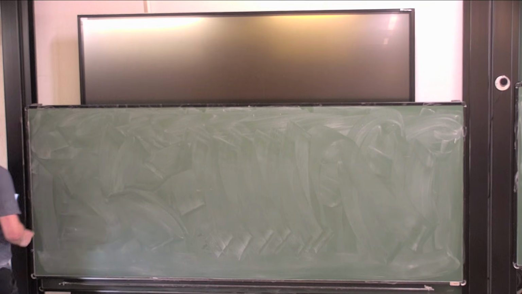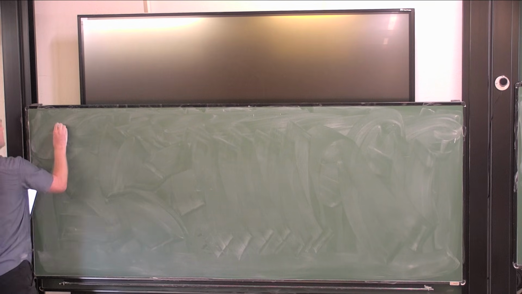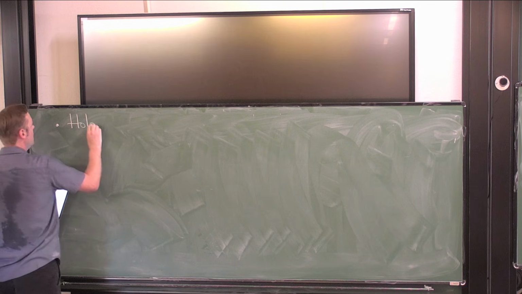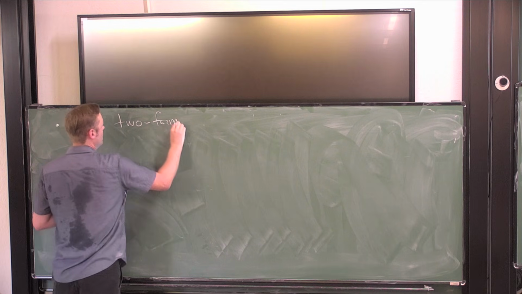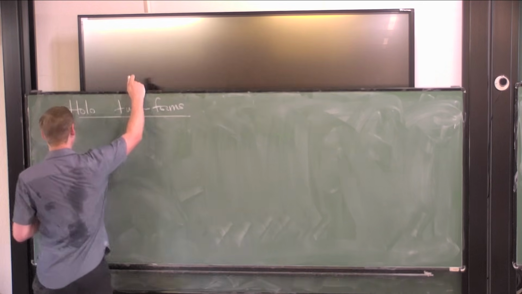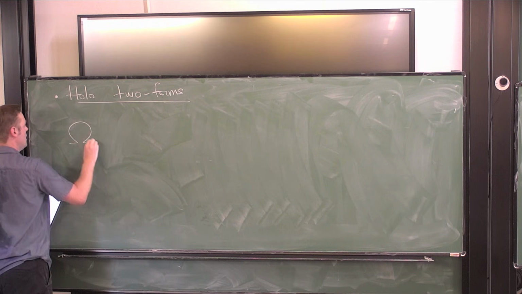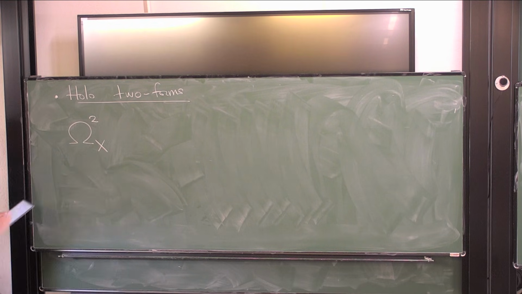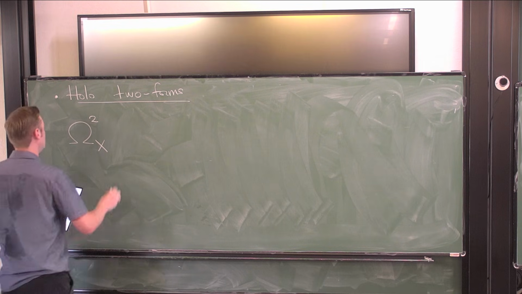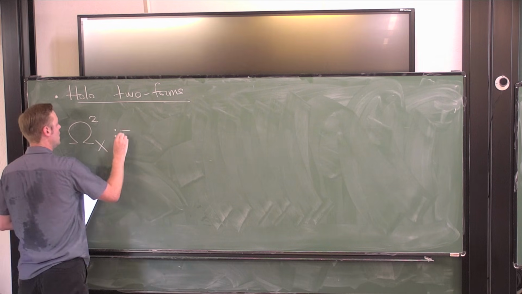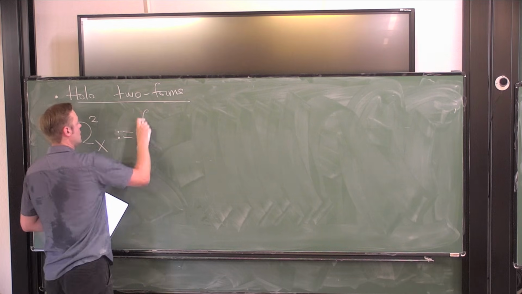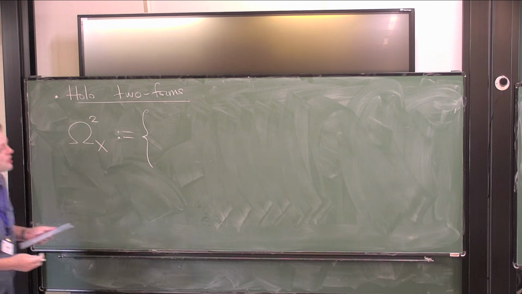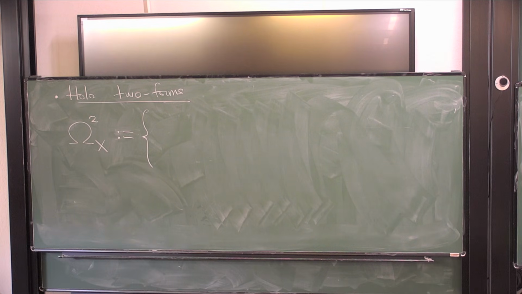So I started with holomorphic differential one forms. Now let me look at holomorphic two forms. I'll use similar notation, omega 2 X. I'll give you a very hands-on description of these as spans.